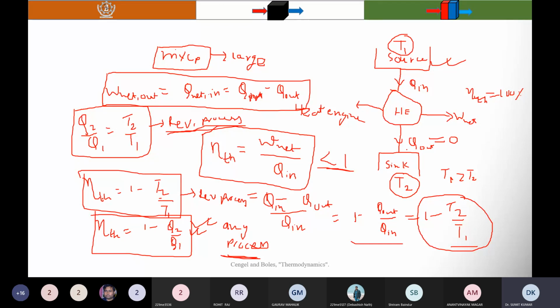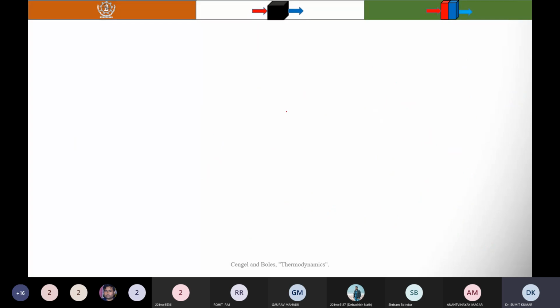If there is an energy transfer from a low temperature body to a high temperature body, then we need to do some work, and we need a device. That device is a refrigerator or heat pump. The refrigerator and the heat pump are also cyclic devices, meaning the initial and final states are the same.